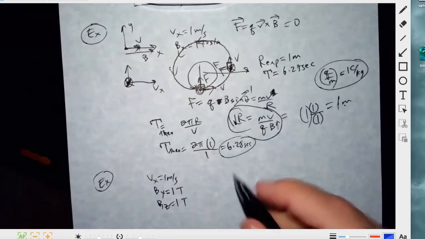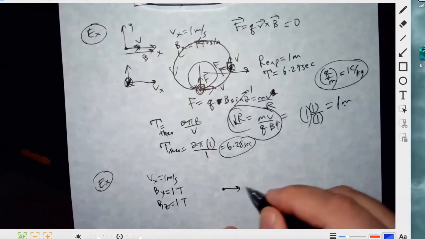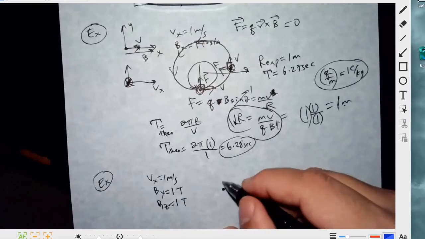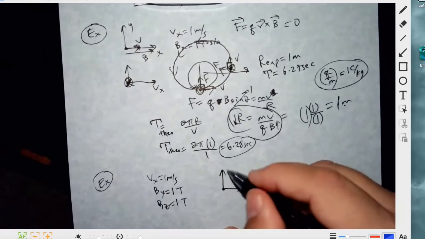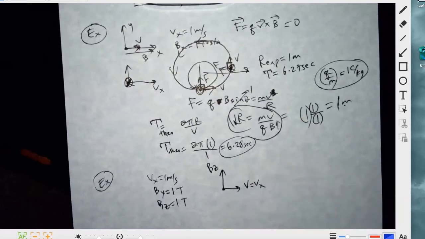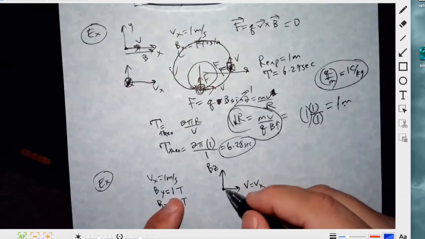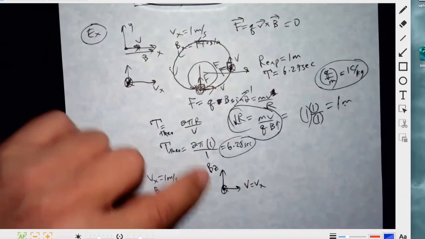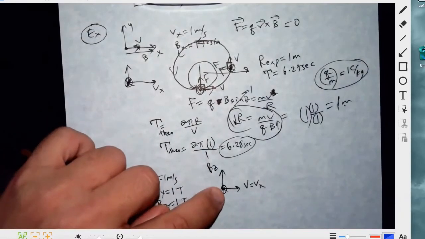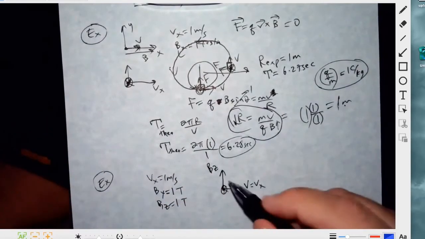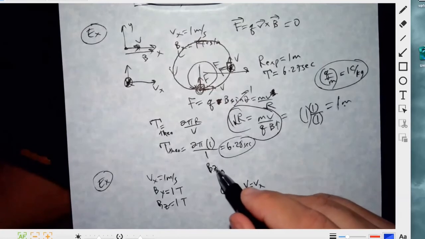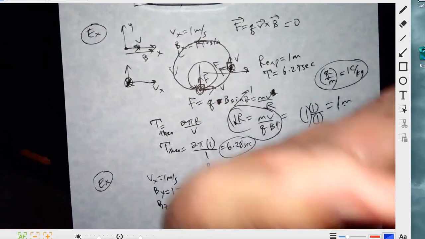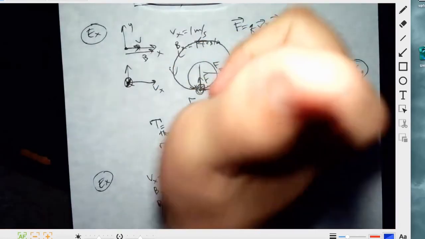So we have Vx is this way, Bz is this way, and then By is into the board. Due to each magnetic field component, you have a different force, right? So due to the Bz, you have V crossed into Bz out of the board.